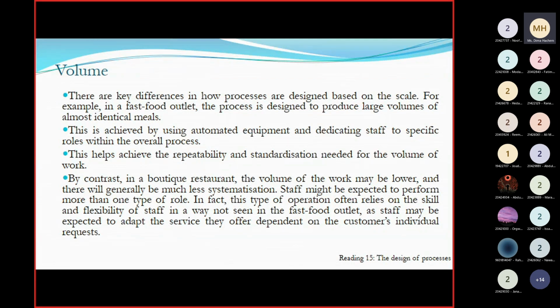What does economies of scale mean? It is a principle in business: when we produce the same item in big quantities, we can reduce the cost of the item. Okay? Al Baik is the biggest example here, is the best example.